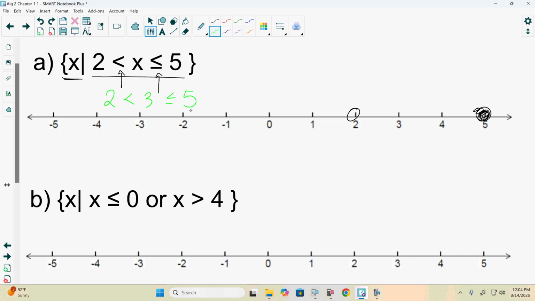Is this true? Yeah, 2 is less than 3. And 3 is indeed less than or equal to 5, yes? Since it's included, it makes the statement true. It should be included in the solution. So we would shade between these here. And doing this is very helpful on the ACT.